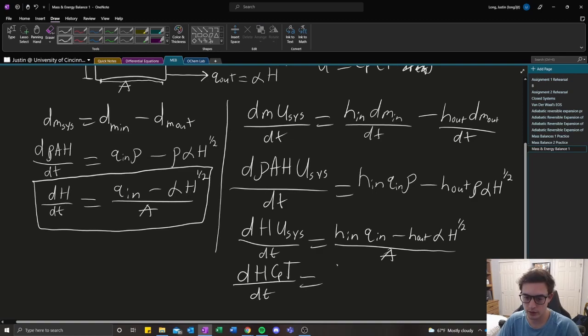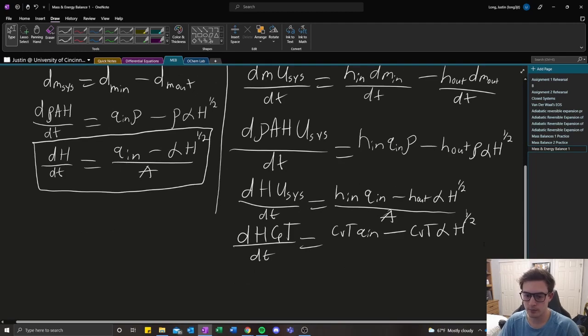So we know that the specific heat times the temperature times Q in, which is the flow rate in, minus CV times the temperature times alpha times the height to the 1/2 power, divided by the area. And so I'm just going to go ahead and further simplify this.